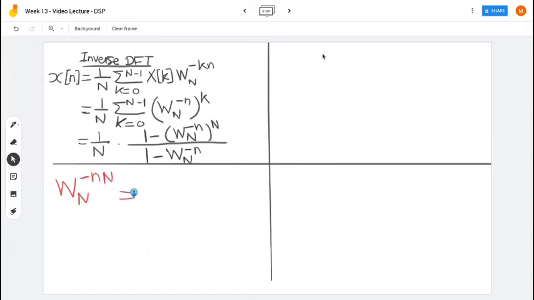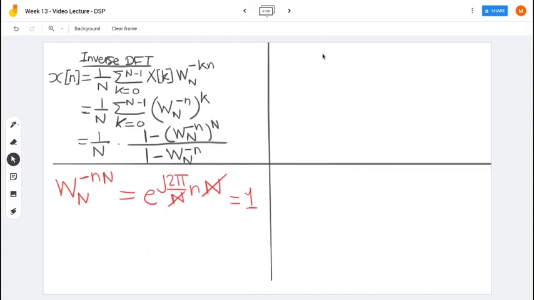This would be e to the power j 2 pi over N capital times n small times N capital. N capital will cancel out and we will get e to the power j 2 pi n, which is always 1. So the numerator over here will always be 1 minus 1, which will always give us 0.